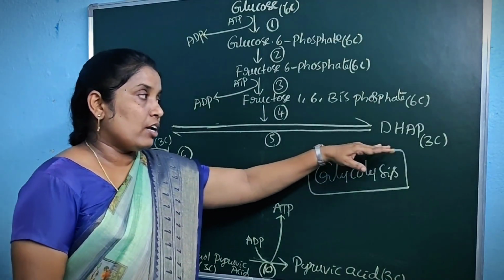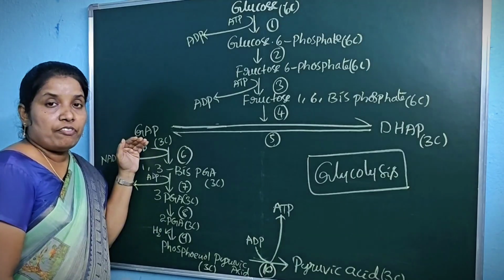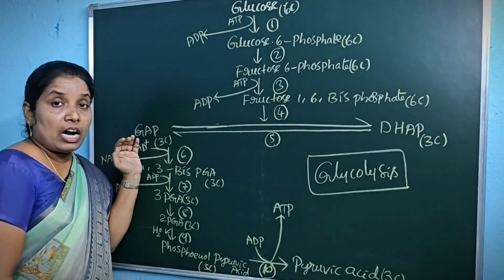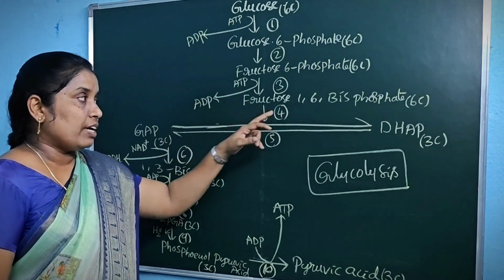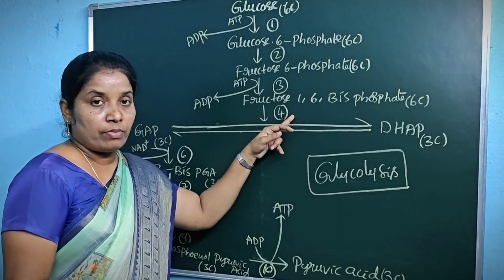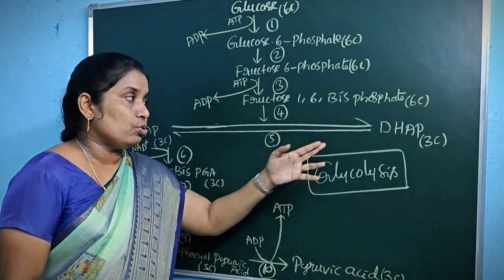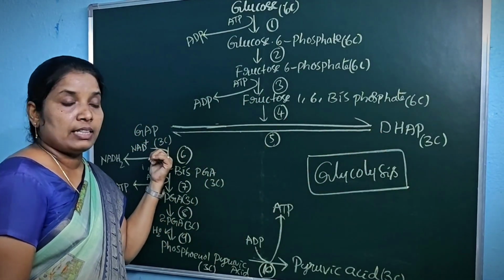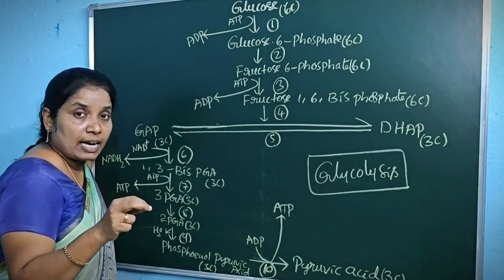Because dihydroxyacetone phosphate has a keto group and glyceraldehyde phosphate has an aldehyde group. These two are 3-carbon sugars. In presence of an enzyme aldolase, fructose 1,6-bisphosphate breaks down into two 3-carbon compounds, GAP and DHAP.